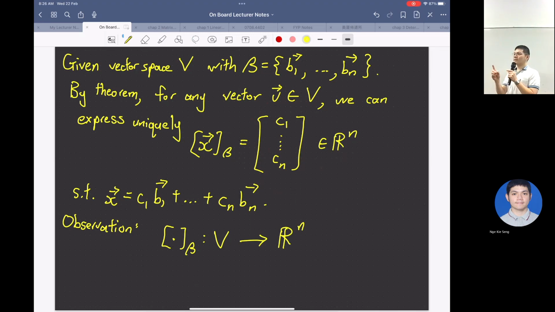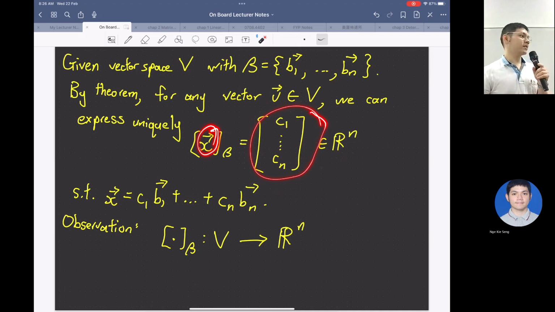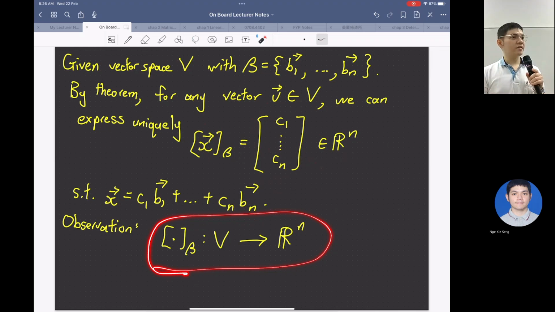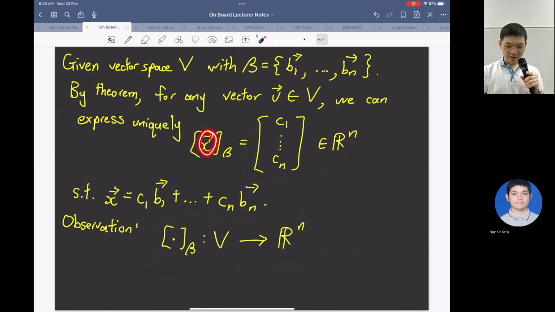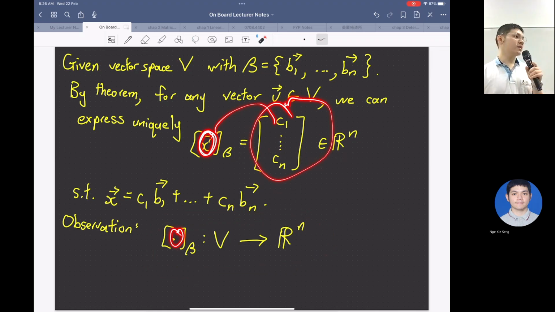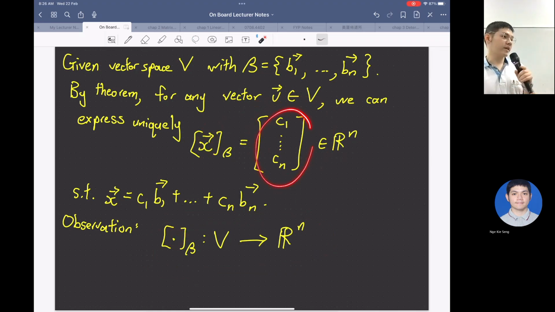Does everyone accept? Is everyone following? This is very, very important because we need to use it for an important result. Simple but very important. Can everyone see this is a mapping? If I put a vector inside this square bracket, it will give me a vector in Rn.